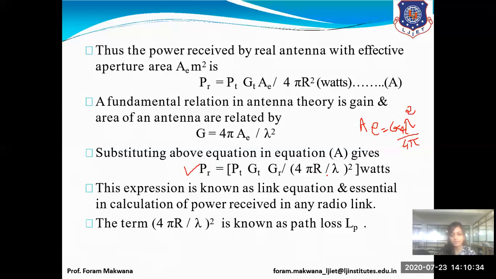This expression is known as the link equation. If you want to consider how much loss there is, the term 4 pi R upon lambda, this whole squared term, is called path loss, right?